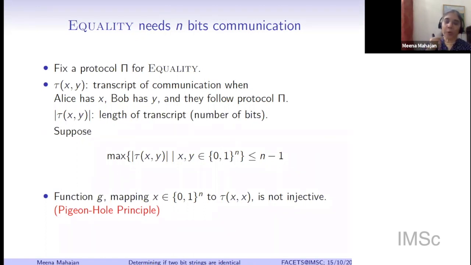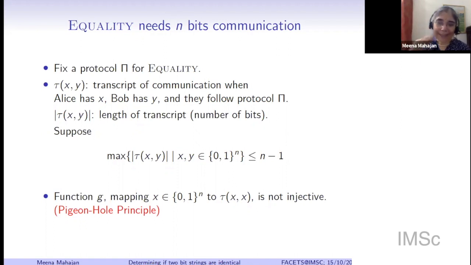The transcript could be of length 0 or 1 or 2 or 3 up to n minus 1. Of length i, how many transcripts are there? 2 raised to i. So of length up to n minus 1, not all of them may even be real transcripts in this protocol, but the number of possible transcripts is upper bounded.